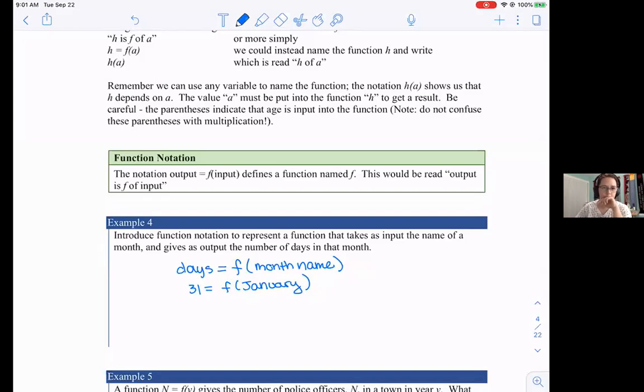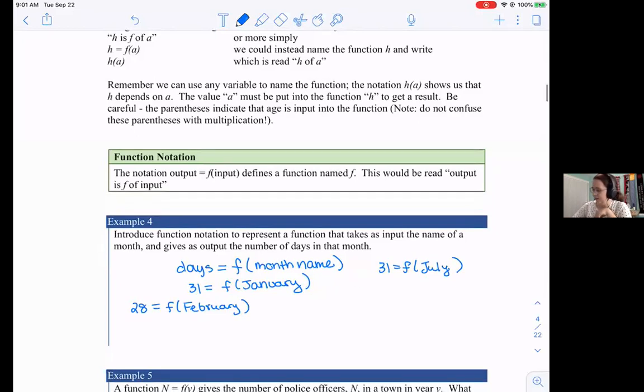Good. So in a non-leap year, 28 is a function of February, the best month in my opinion. We've got 31 is a function of July. Did I get any 30s in there? Aha, Emma R tells me November.